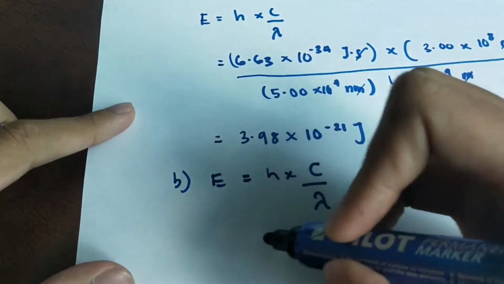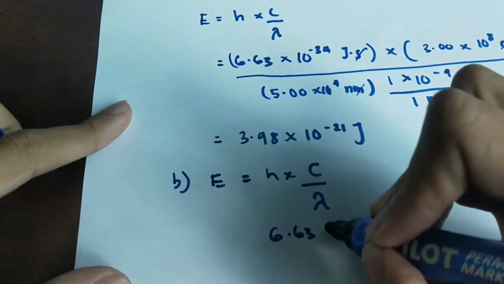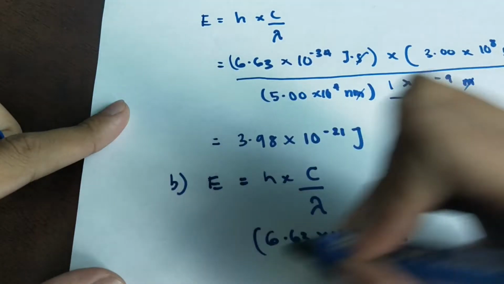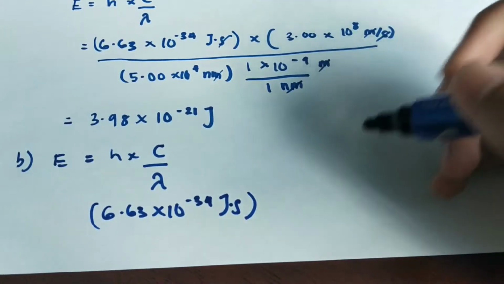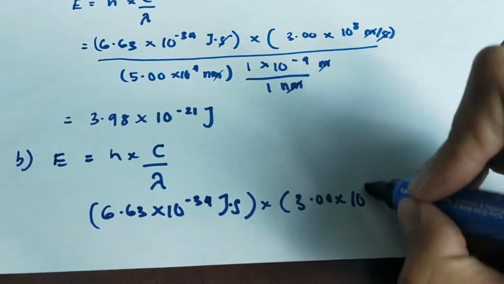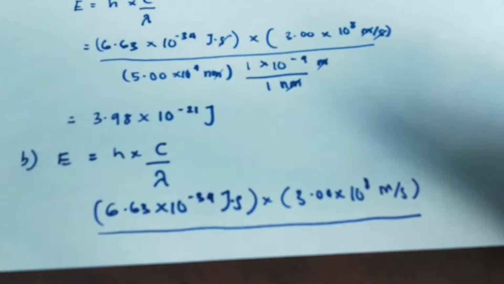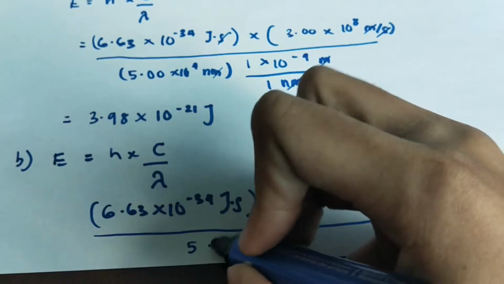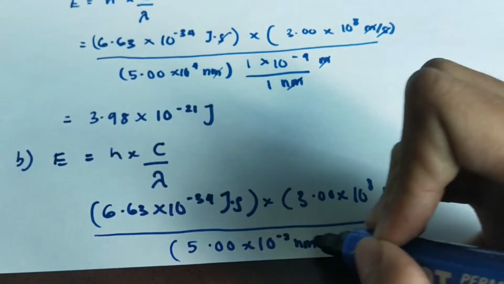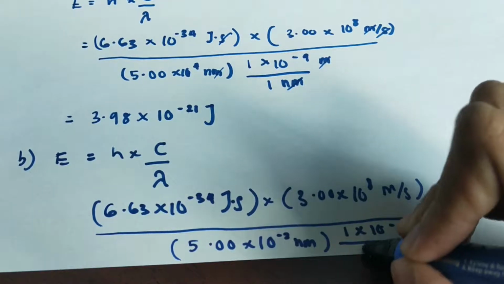So we substitute the values: 6.63 times 10 to the power of negative 34 joule second, times 3 times 10 to the power of 8 meter per second, over 5 times 10 to the power of negative 22 Newton meter. We change it to meter, 1 times 10 to the power of negative 9 over 1 Newton meter.